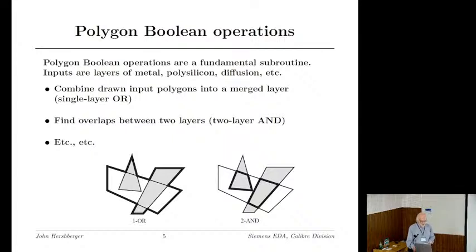For example, if you've been provided a set of polygons as input, you want to reduce those to a single layer for the manufacturing process, and that's called a single layer OR operation. Or if you have two different layers, say polysilicon and diffusion, you might want to find the intersection between those because those are the gates of your integrated circuits, your MOS devices, and so on and so forth. And I have a couple of examples at the bottom of the slide.